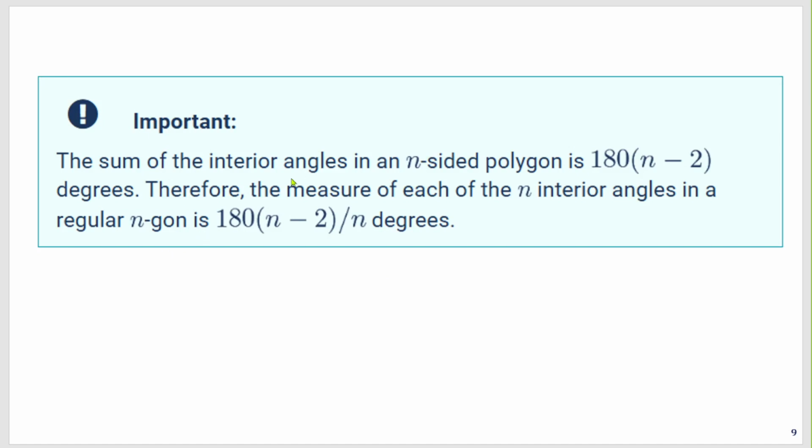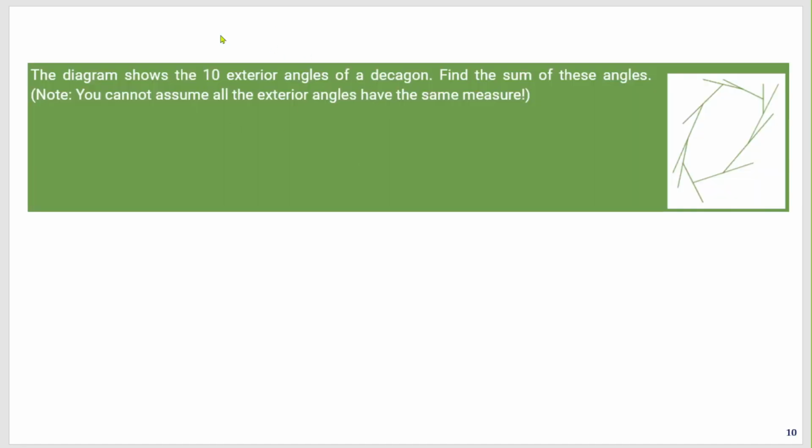Alright, if you don't have any questions, let's have a look at another example. Now we turn our attention from the interior angles to the exterior angles. So let's have a look at this example here. The diagram on the right shows the 10 exterior angles of a decagon. Find the sum of these angles.